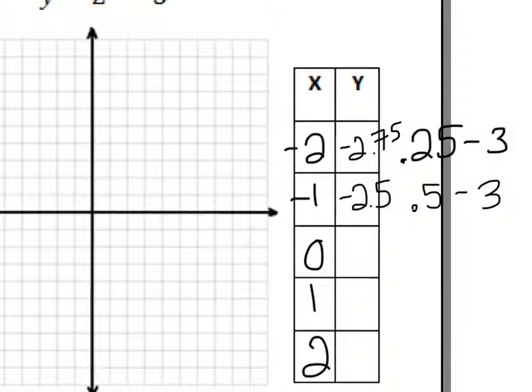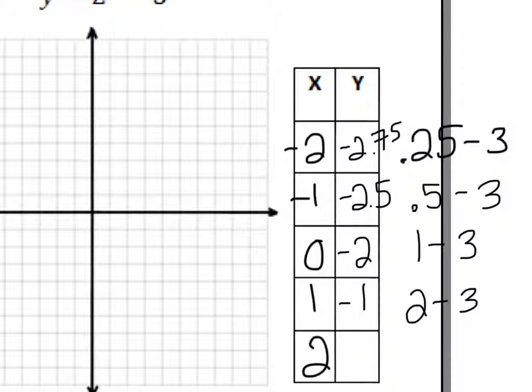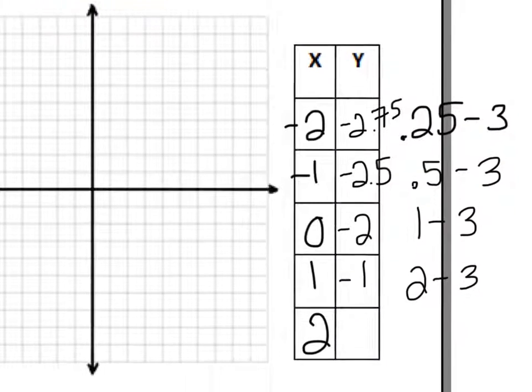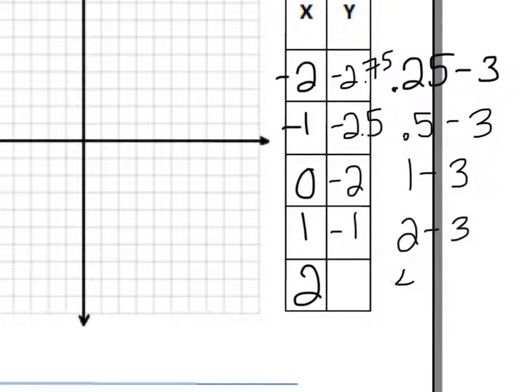The next number in the chart for 0 was 1. 1 minus 3 will be negative 2. The next number in the original chart was a 2. 2 minus 3 is negative 1. And the last number in the chart when I plugged in 2 was 4. So 4 minus 3 will be 1.